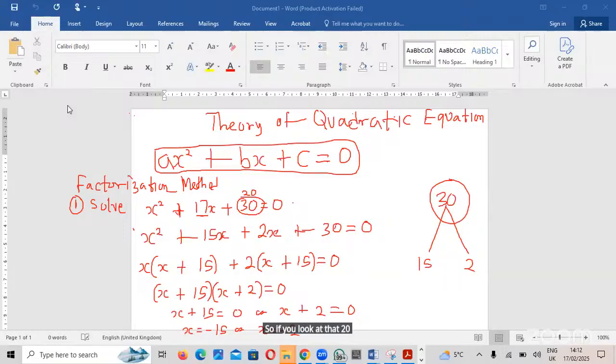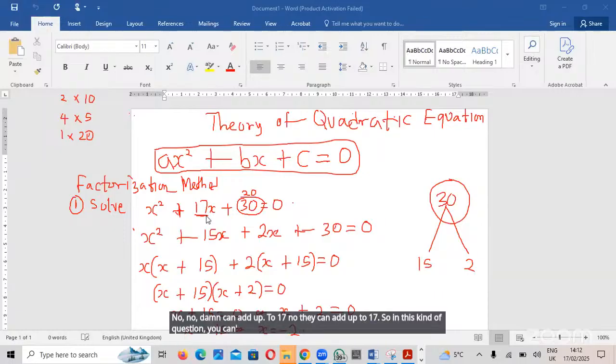If you look at all the factors of 20, we have 2 times 10, we have 4 times 5, then we have 1 multiplied by 20. None of them can add up to 17. So in this kind of question, you can't use the factorization method. You have to use the quadratic formula or the complete square method.